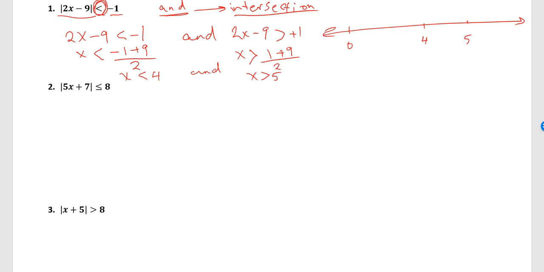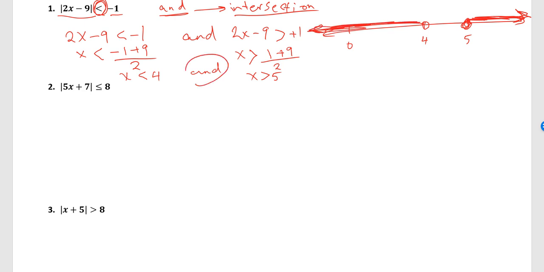So x is greater than 5, so open circle at 5. And x is less than 4, open circle at 4. So x is greater than 5 looks like this, an arrow that goes this way, right? And then x is less than 4 is an arrow that goes all the way this way, whatever is less than 4.